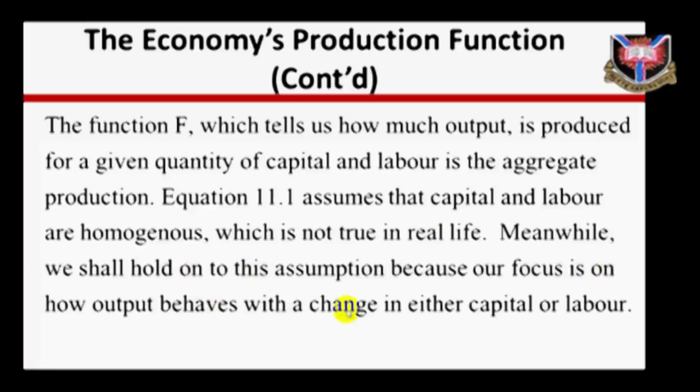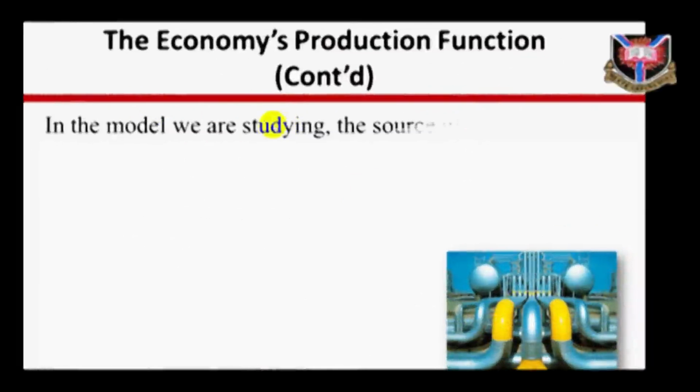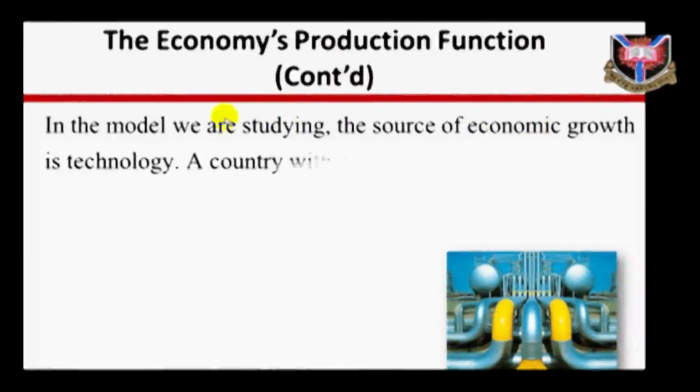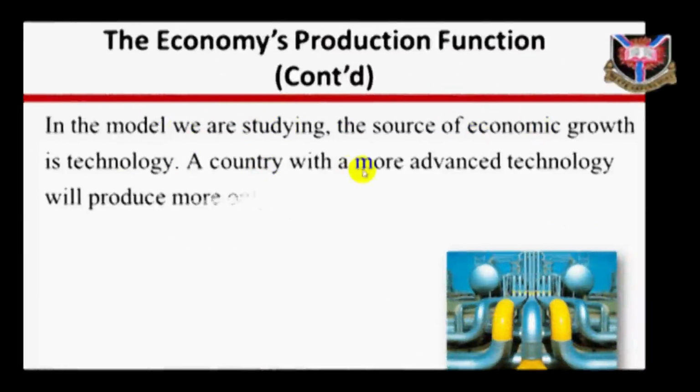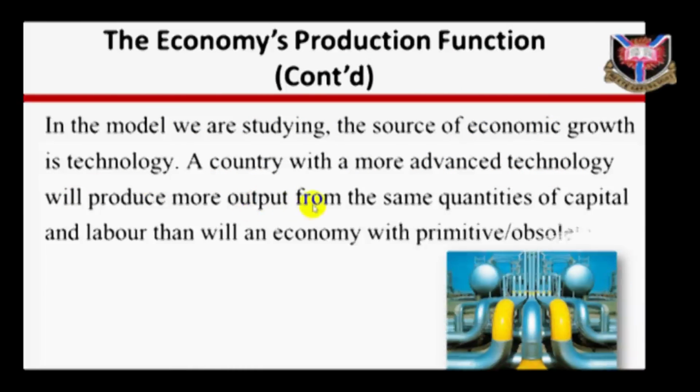In the model we are studying, the source of economic growth is technology. A country with a more advanced technology will produce more output from the same quantities of capital and labor than an economy with primitive or obsolete or inferior technology.